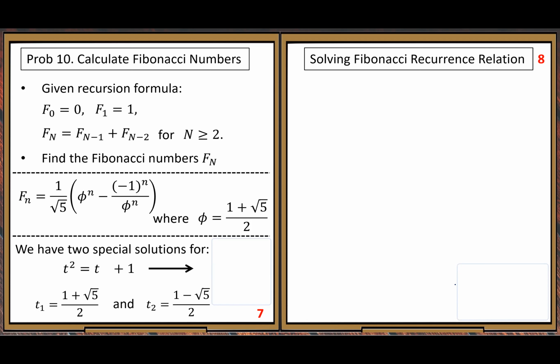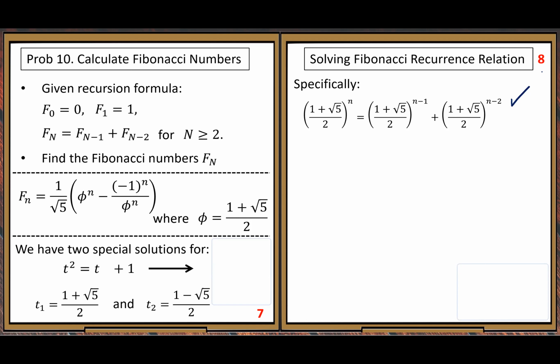These two solutions make two special solutions for the given recurrence relation. If you plug t1 into the given recurrence relation, you have that. No problem, because we solved the equation from there, so plugging back in must be correct.